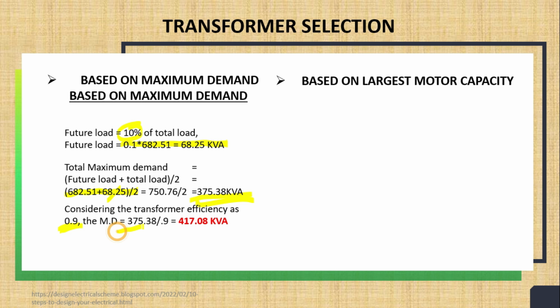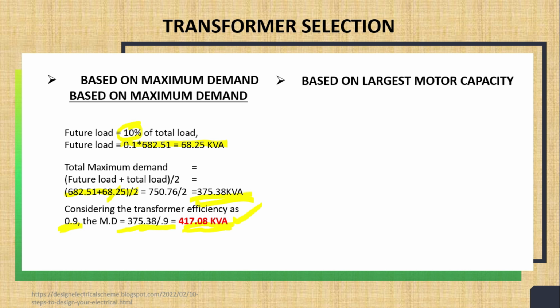Then the maximum demand divided by transformer efficiency will give you the correct rating, which is 375.38 divided by 0.9, which equals to 417.08 kVA. Now this is the required capacity of the transformer based on maximum demand method.